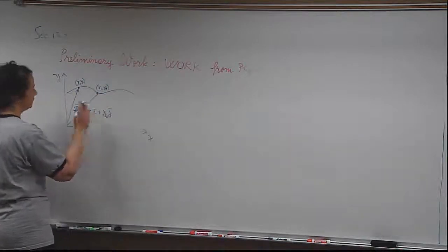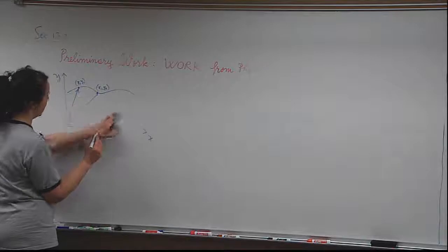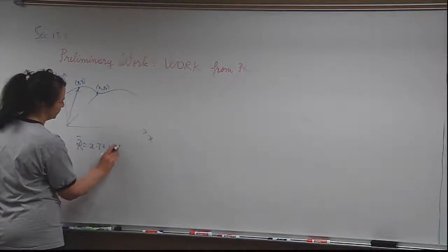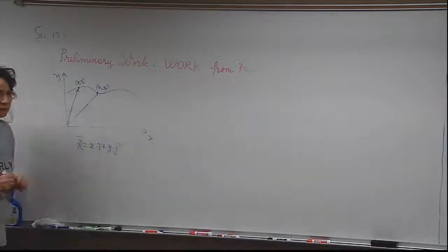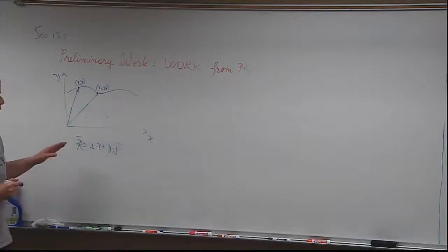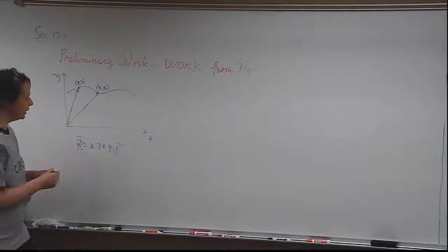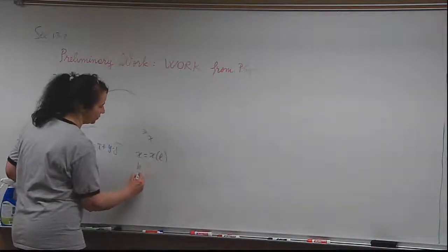The general formula will be xi plus yj. So I actually cannot forget about time. Not as much as I want. So x and y are both changing in time. I'm going to have x equals x of t, y equals y of t.